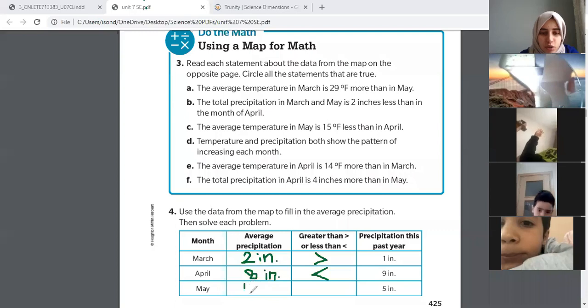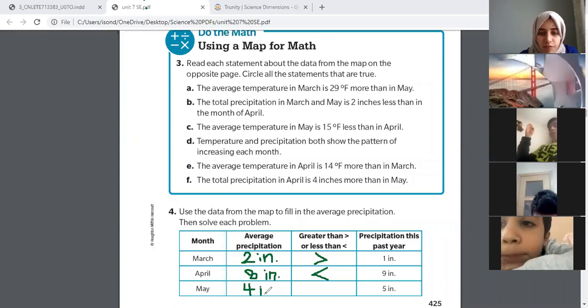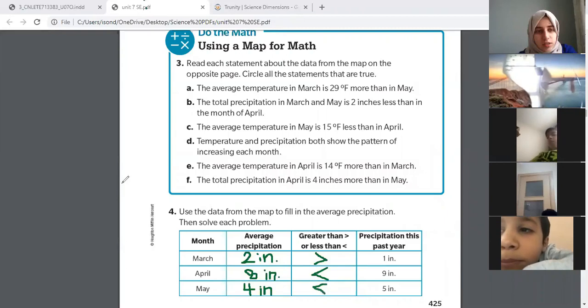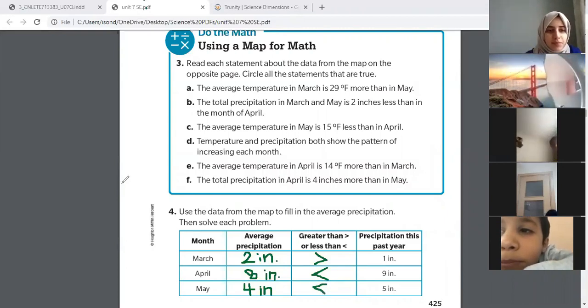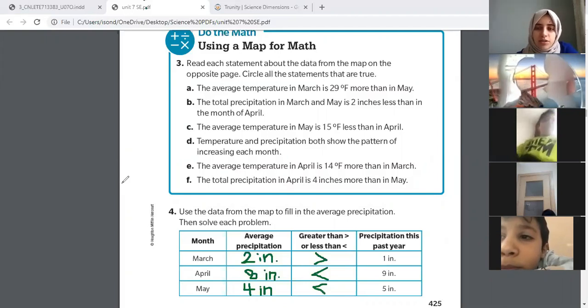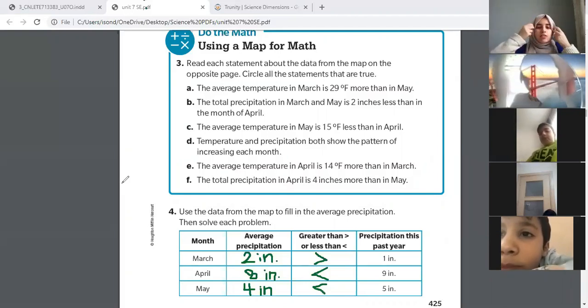So what's greater, 4 inches or 5 inches for the past year? Do I put less than or greater than? 5 is greater, so I will put the sign towards 5. Thank you, Fatima. Please write the answers so I can move on to the next page with you.